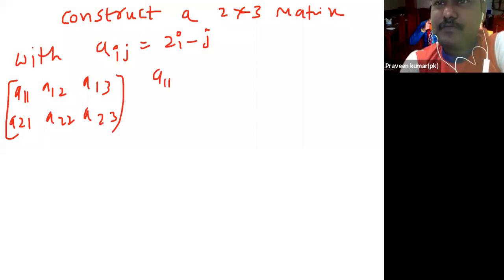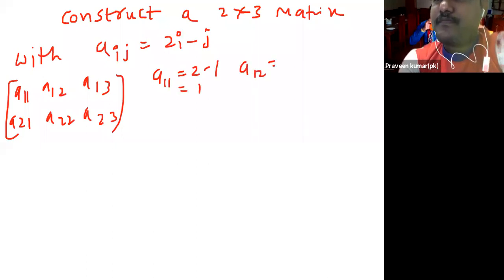A11, 2 ones are 2, minus 1, 1. A12, 2 ones are 2, minus 2, 0. A13, 2 ones are 2, minus 3, minus 1.